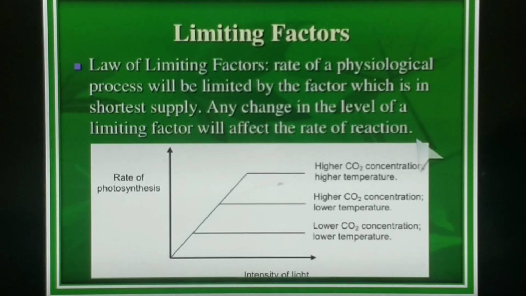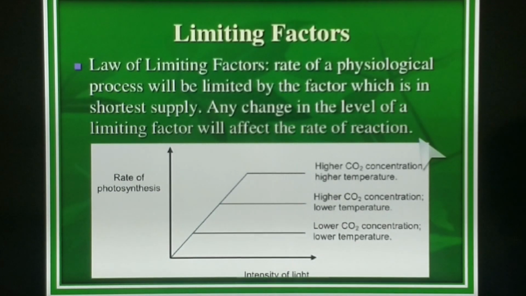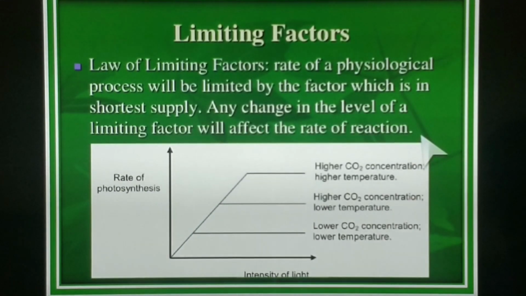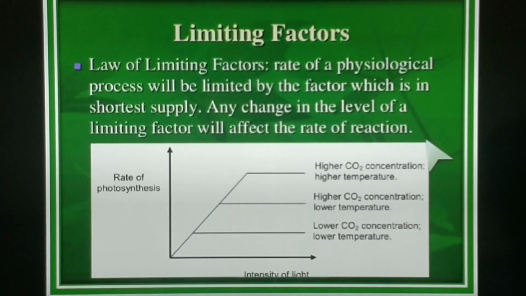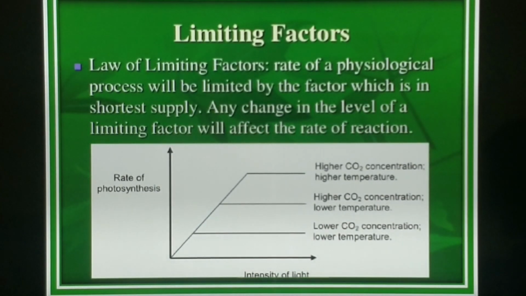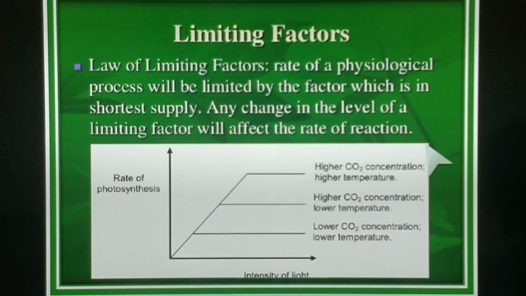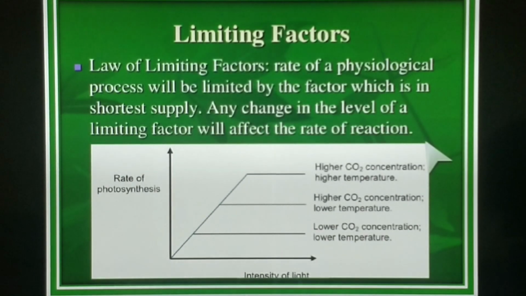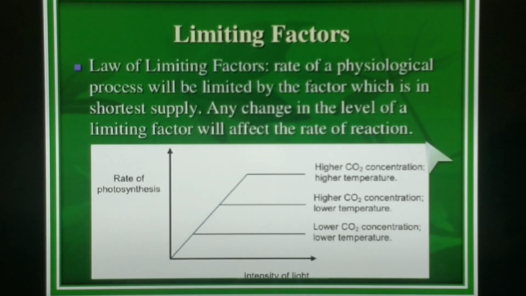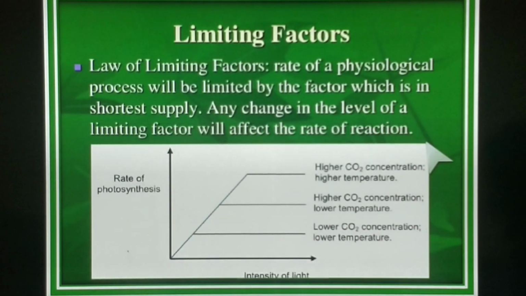But suppose water is 2 and this is least in spite of having more carbon dioxide, sufficient chlorophyll and proper intensity of light. But because this factor is essential, the rate of photosynthesis will be decided by this one, because this is one of the raw materials or one of the factors.